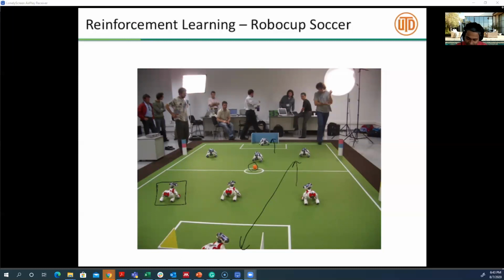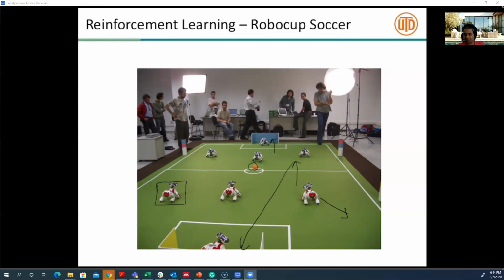The actions, for example, can be to go right, to go left, to go towards the ball, to go against the ball, right? The ball has a particular coordinate, and the agent will know this coordinate. So based on the action it takes, for example, if it goes in the direction opposite the ball, immediately you'll start getting negative rewards, right?